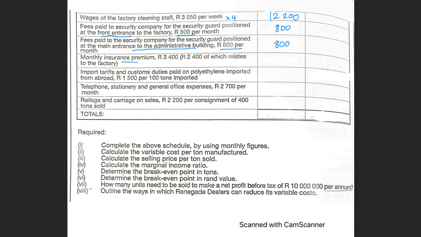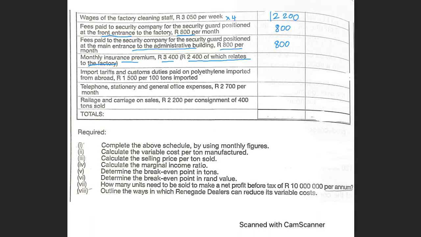Then you have your monthly insurance premium. It's 3,400 Rand in total. Again, you do not need to worry about the separate cost for the factory and the separate one for the office, because the total just needs to be classified as fixed or variable. It does not need to be broken down here.